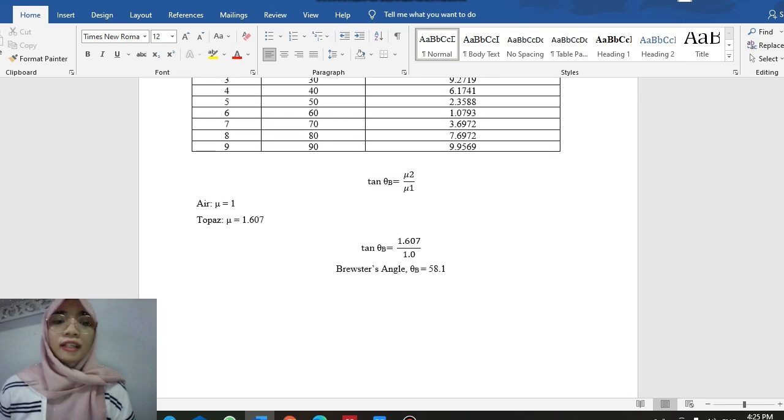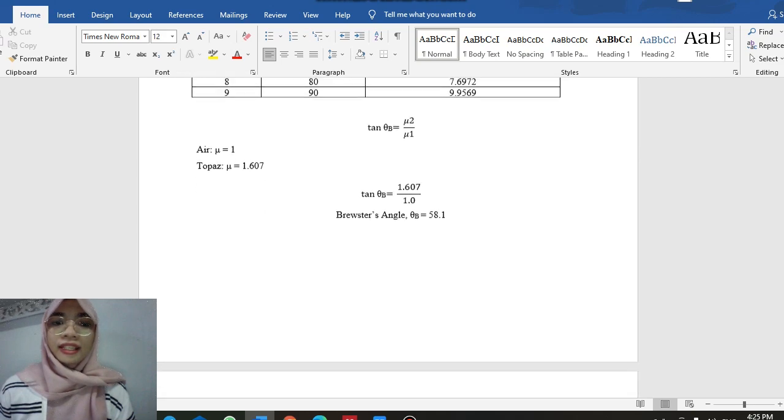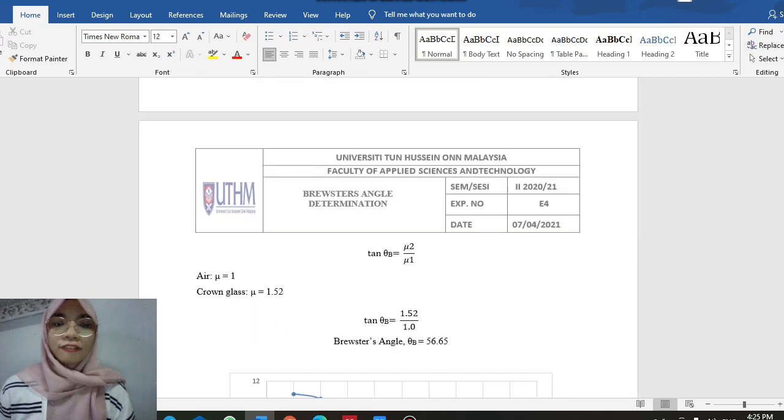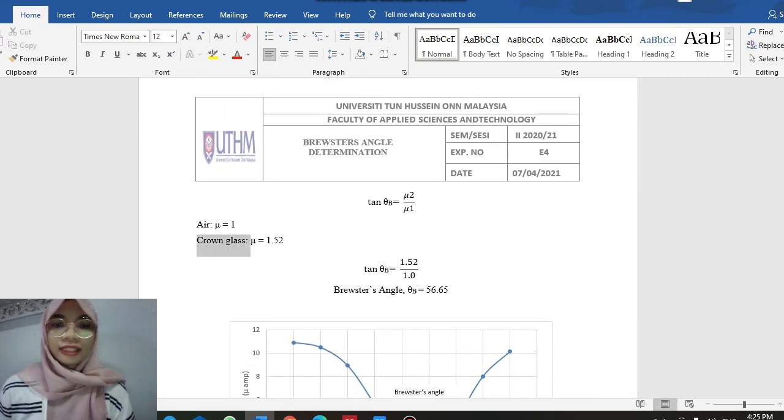Meanwhile we can know the topaz refractive index is bigger than the crown glass refractive index.